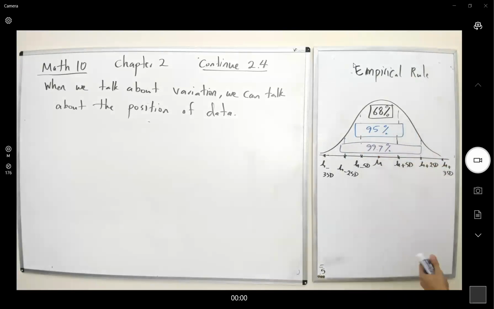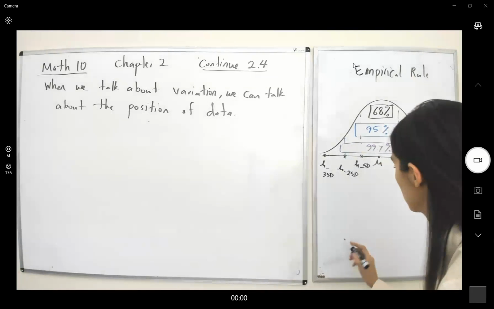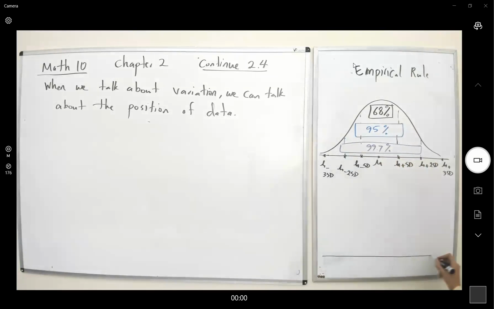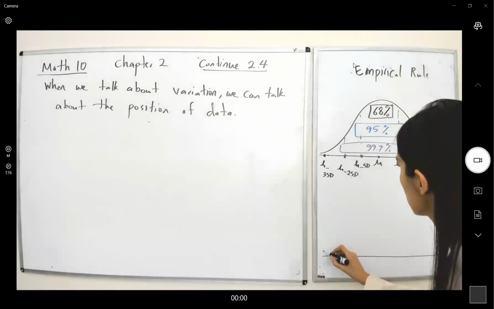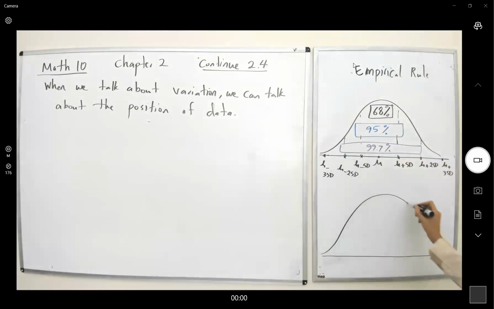Why not? Take a look at this. I'm just using the exact same graph for simplicity. Here you have your mean plus one standard deviation, mean plus two standard deviations, and mean plus three standard deviations. So make sure the scale is correct.